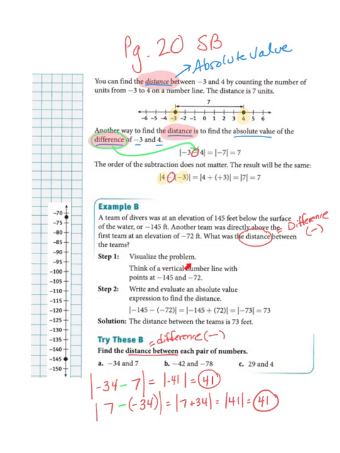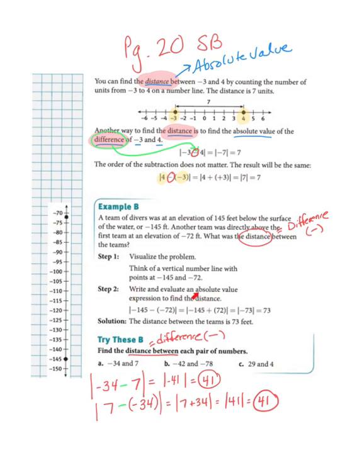They told us to visualize the problem and they gave us this nice little vertical number line over here, because since we're talking about elevation and below the surface of the water, a vertical number line is more appropriate. The points that they put on are the points of the two dive teams. So negative 145 down here and then negative 72 is up here.